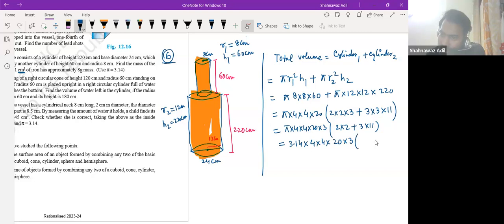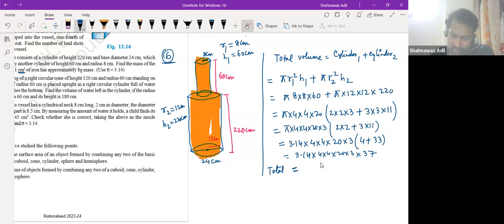So this is 4 plus 33. This is 37. Okay, so how much is this? Right, I can use the calculator, but you have to solve this, right? How much is this?